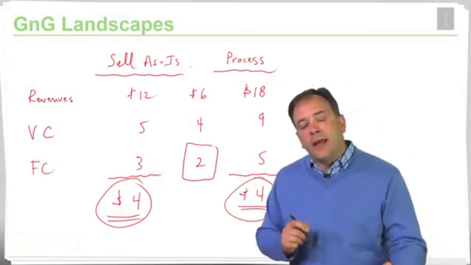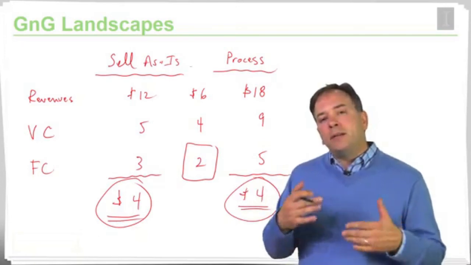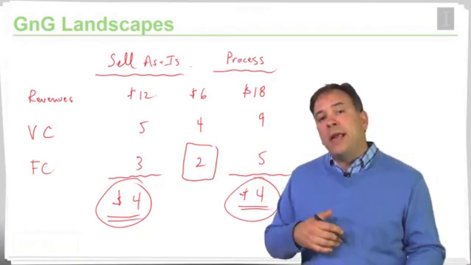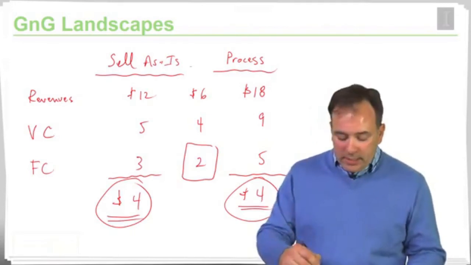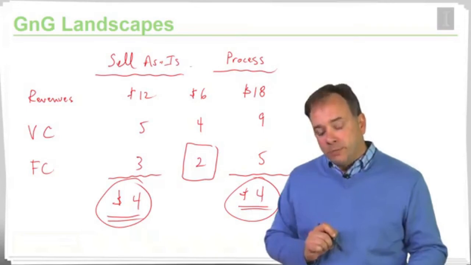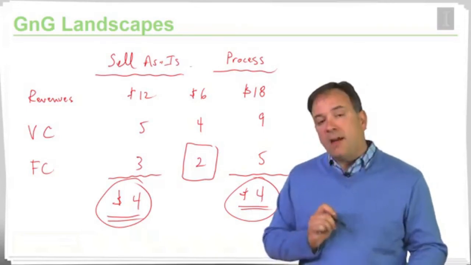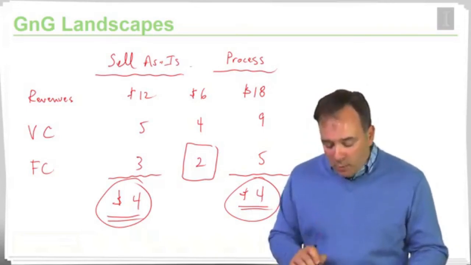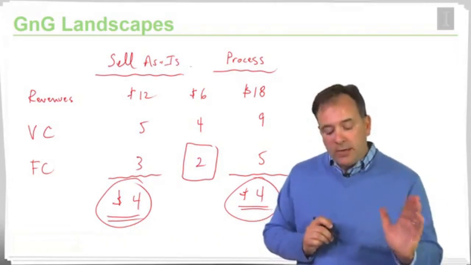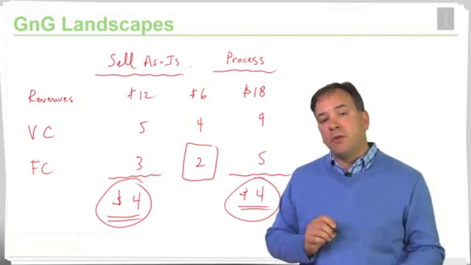The second point that I'd like to make is that we could conduct this analysis via differential analysis or an incremental approach. In essence, we're always going to get at least $12 of revenues, we're always going to have at least $5 of variable costs, and we're always going to have at least $3 of fixed costs, no matter whether we sell as is or process further.